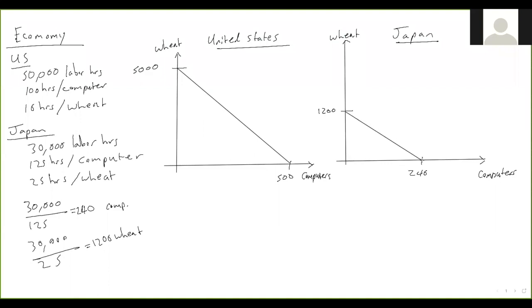and connect those. Now let's say in a self-sufficient world that the United States decides to split their labor half and half. Half to computers, half to wheat, which means we're going to get 2,500 tons of wheat and 250 computers.